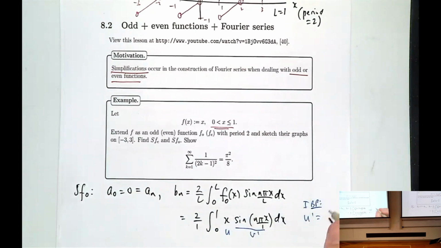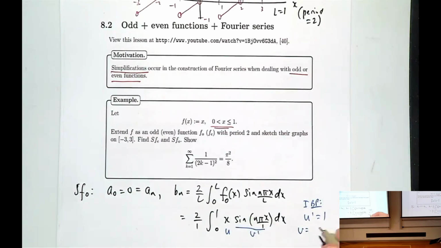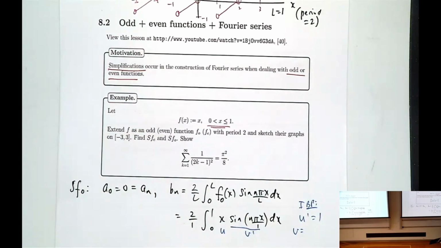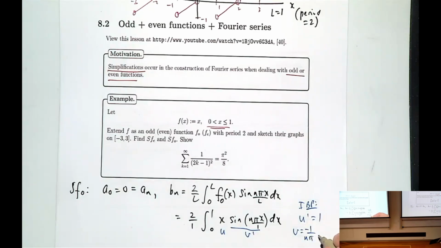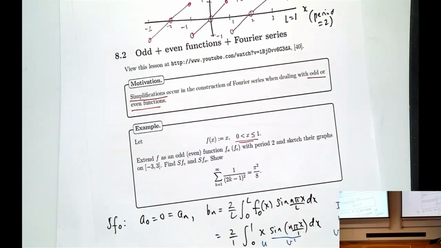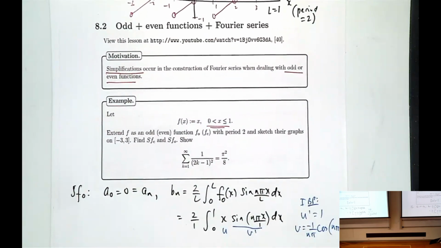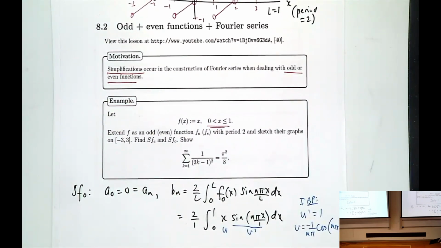So if u is x, the derivative's 1, and the integral, you'll get a negative cos, and you'll divide by the n pi. Now I just put those together into my integral and I'll get something.